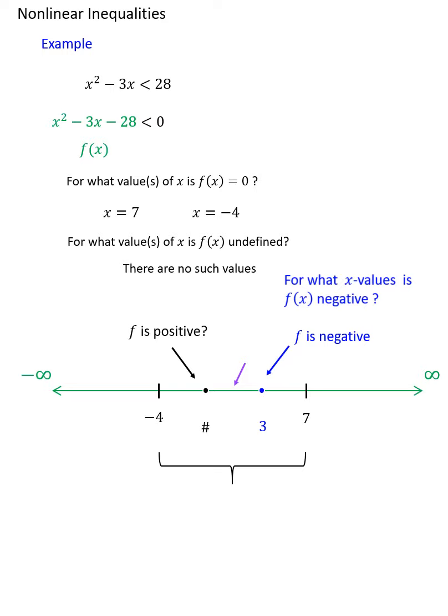But wait a minute. If there were a sign change between that number and 3, that would mean that in between, at the purple arrow, somewhere in there would either have to be the function having a value of 0 or being undefined. But wait a minute. The only two places where the function is either 0 or undefined are -4 and 7. So there can't possibly be a sign change from that number to 3. And therefore, I conclude that f must be negative there as well.